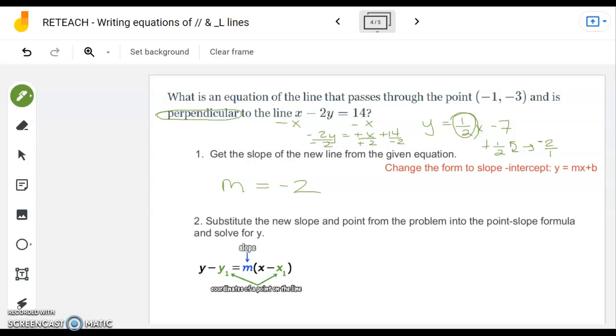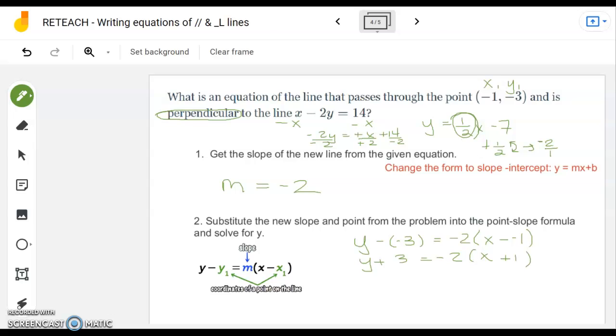So the new slope I'm going to be using is -2, and I have x1, y1. There's my point, and I'm going to substitute that into our formula. y minus -3 equals -2 times x minus -1. I do need to clean it up. I have some double negatives, so that's going to give me y plus 3 equals -2 times x plus 1.